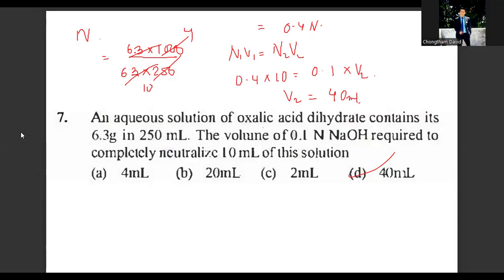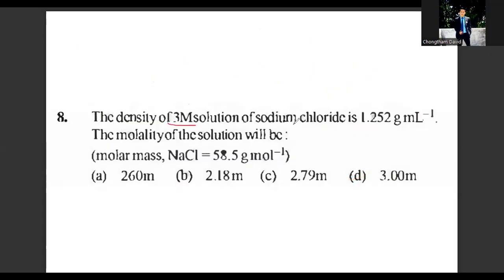Question number 8. The density of 3 molar solution of sodium chloride is 1.252 gram per liter. The molality of the solution will be. So you know the relation between molarity and density. It can also be written as density equals molarity times (1 by molality plus molar mass by 1000).